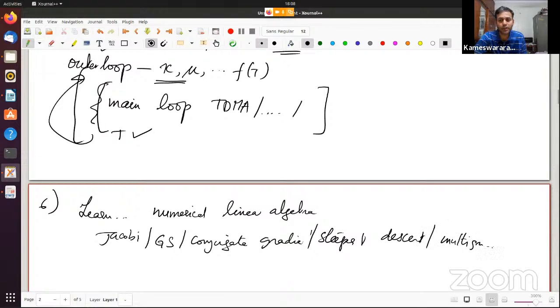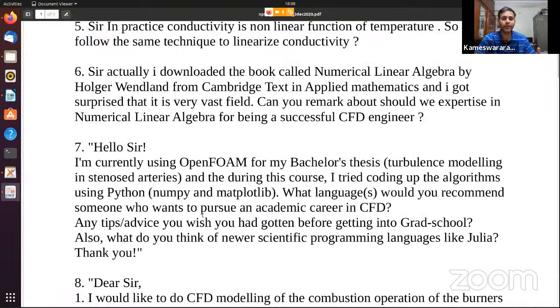It will be sufficient to know that these methods are popularly used in CFD codes, and they should be sufficient to make a successful CFD engineer. But of course there is no limit, so I would suggest that you start off with some basic numerical linear algebra.